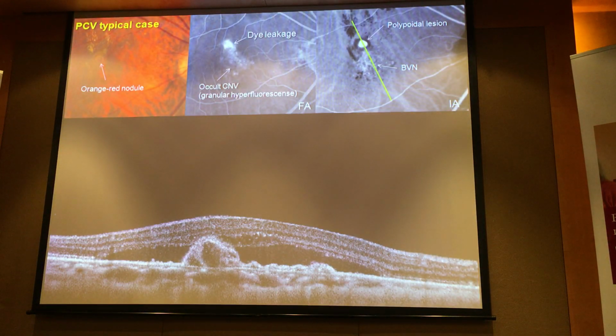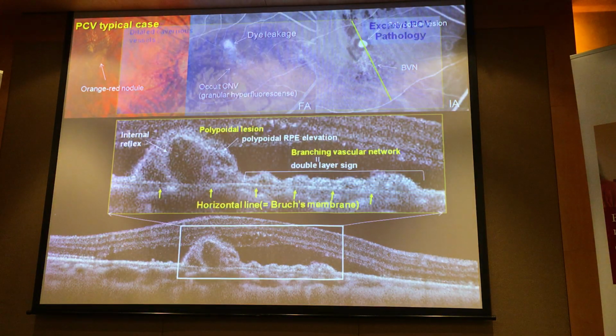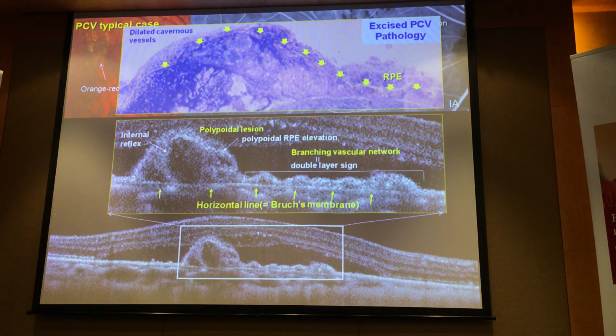So you could understand this case like this: a group of dilated vessels in the polypoidal region, and one layer of abnormal vessels in the BVN between the RPE and the basement membrane, the Bruch's membrane.